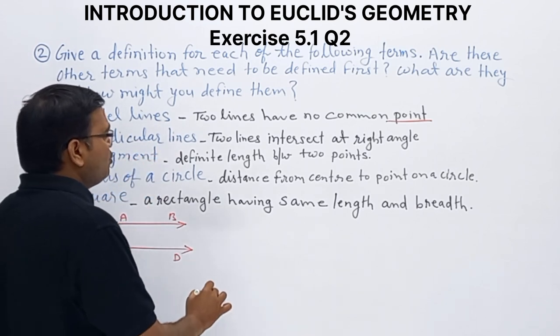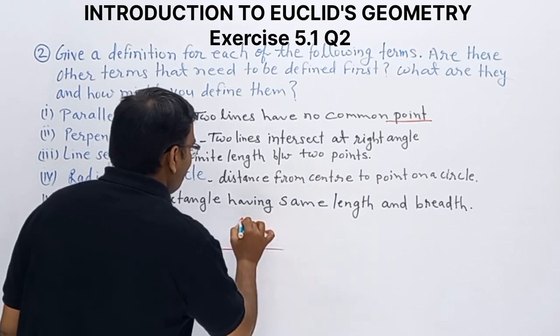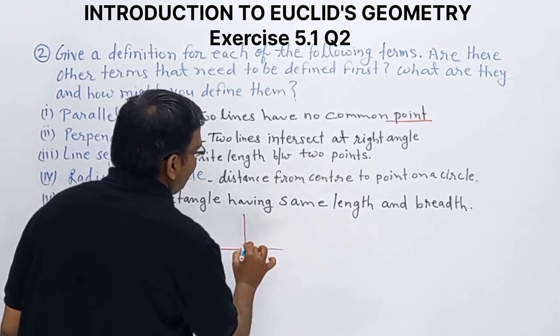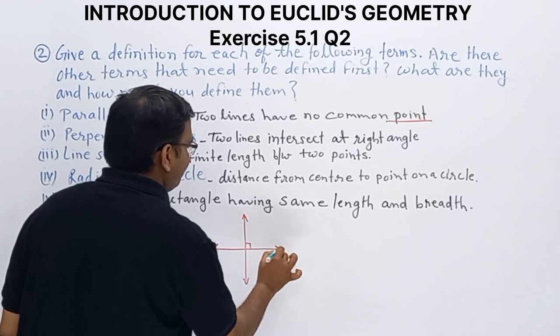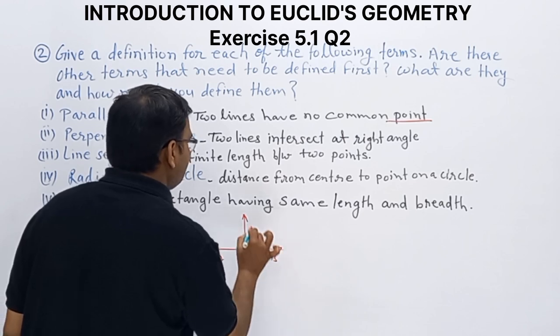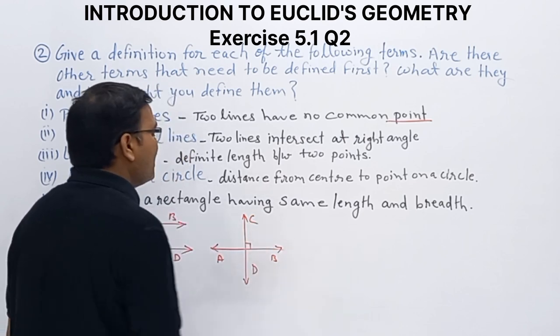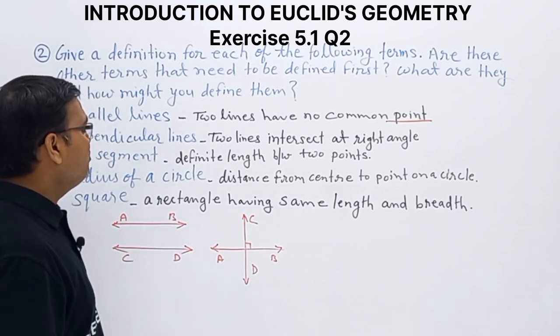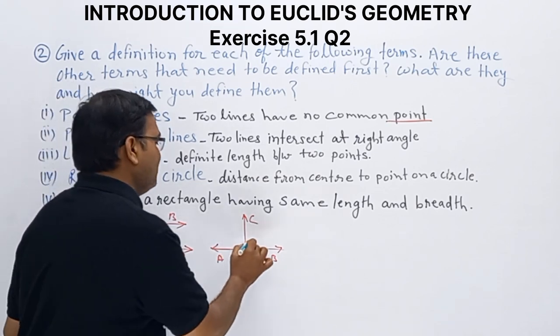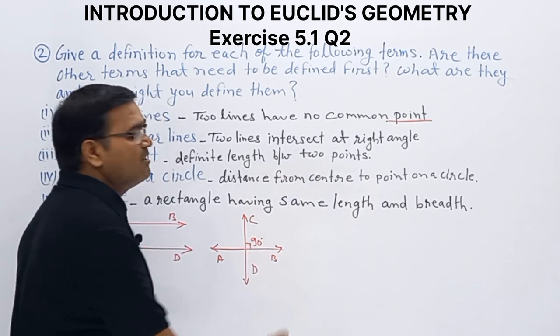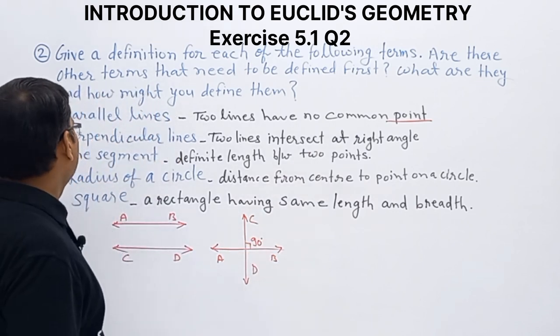Now next one, perpendicular line. Two lines are said to be perpendicular if they intersect at a right angle. One line is this one, another line is this one. This is AB, this is CD. These two lines are perpendicular if they intersect at 90 degrees. Then only these two lines are perpendicular.